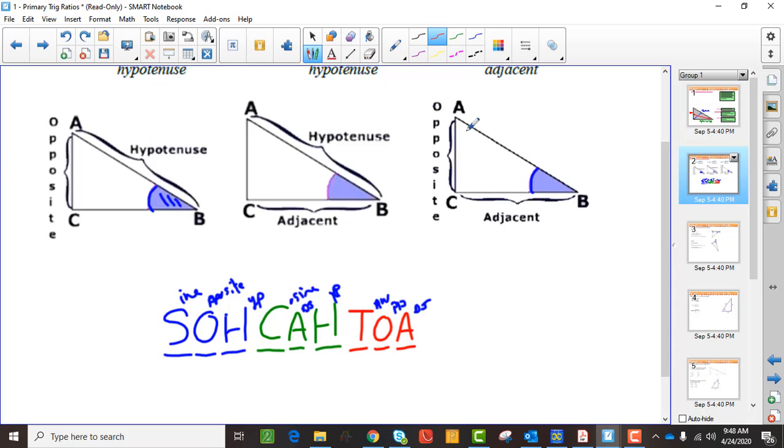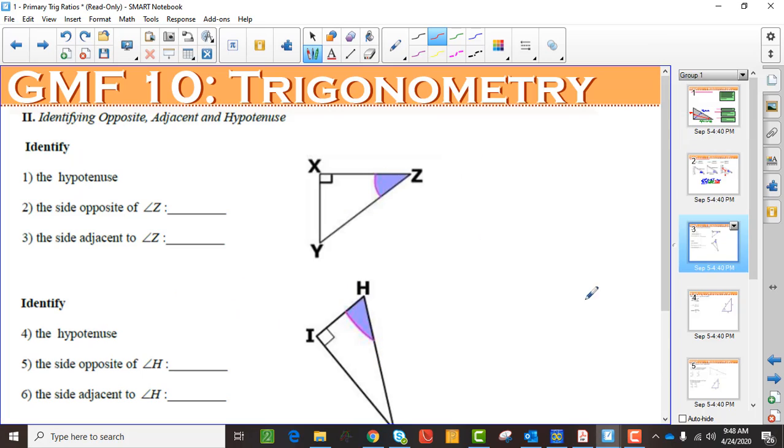If I now start talking about angle A, this is now the opposite side of angle A, but this over here is the opposite side of angle B. So it depends on what angle you're talking about, but the sine of whatever angle I'm talking about is always the ratio of opposite over hypotenuse, cosine is adjacent over hypotenuse, and tangent is opposite over adjacent.